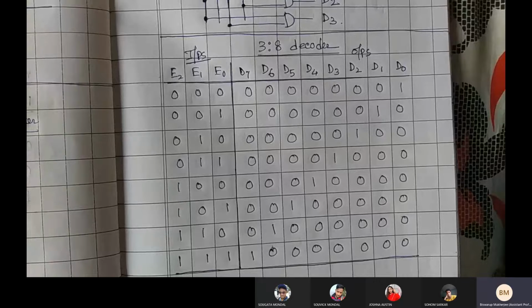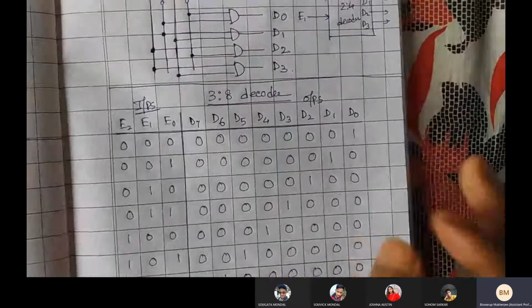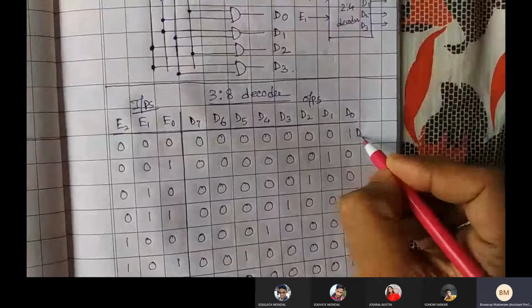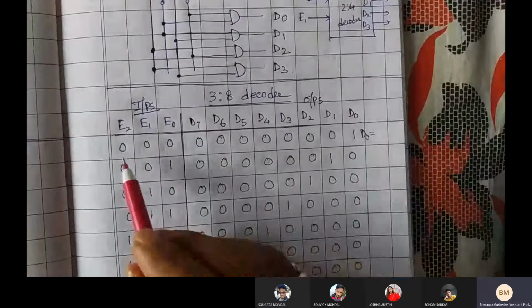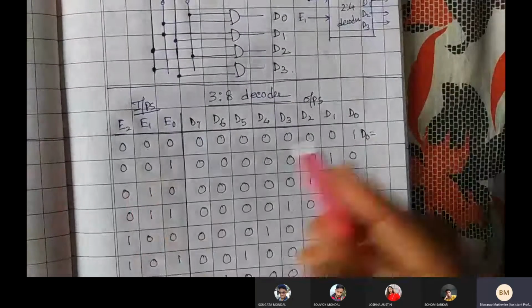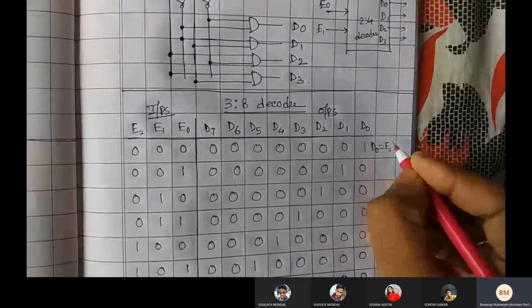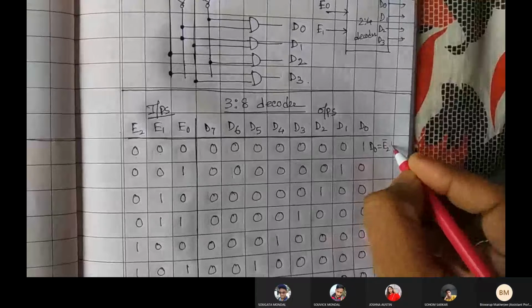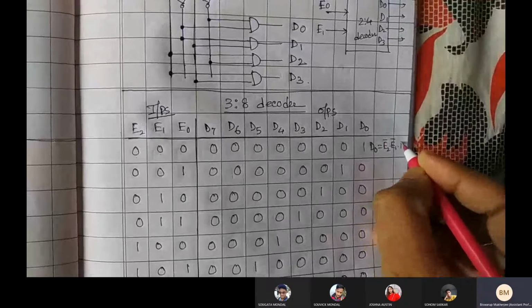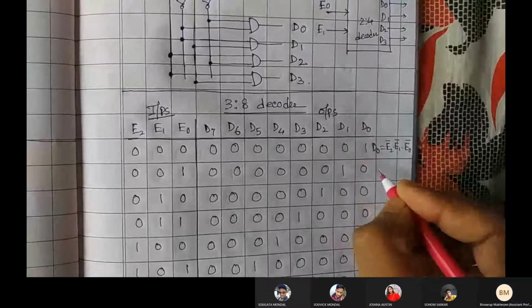Similarly, it's very simple how you can write down the expressions. The expressions can be easily written. I am writing them right over here. D0 is equal to E0 bar, E1 bar, E2 bar, as simple as that. So it would be E2 bar, E1 bar, E0 bar.